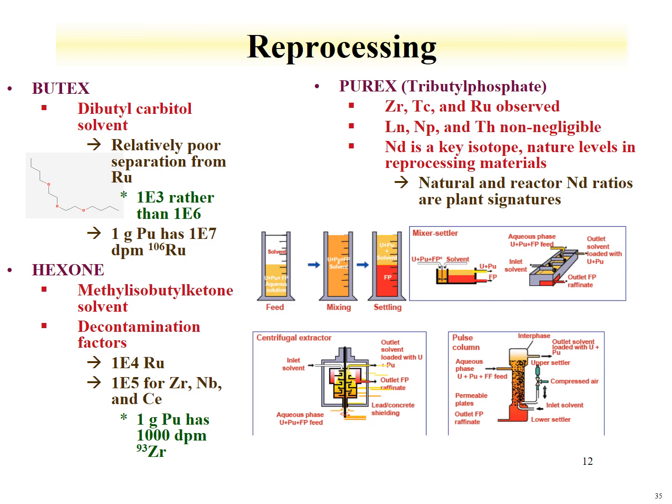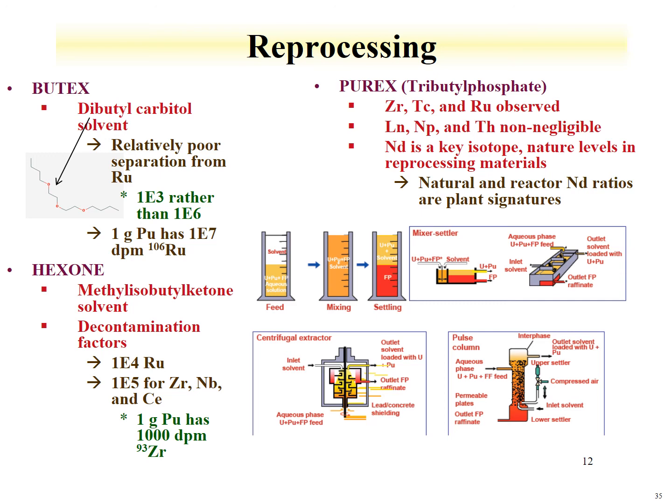Other solvent extraction methods include the Butex process, which uses a butyl carbitol solvent. This is a relatively poor separation of ruthenium. So material that has plutonium with a relatively large amount of ruthenium-106 in it will have an indication that it came from the Butex process.